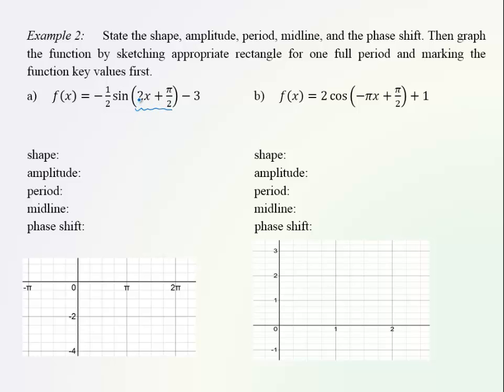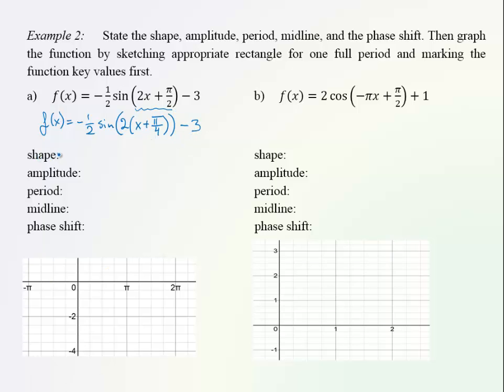That means take the 2 as a common factor outside of the bracket. So our f of x could be written as -1/2 sine, and then take the 2 outside, second bracket, x plus pi over 4. Because 2 times pi quarter is pi half. So that would agree. -3.